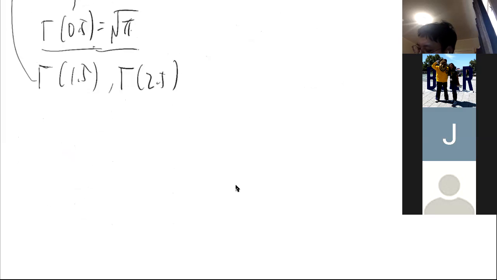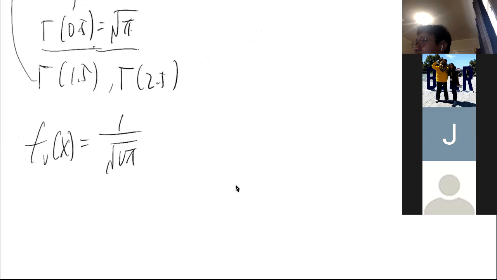So for problem 3, we're looking at the PDF for the T distribution. Don't be threatened by it; it's just a bunch of formulas. Essentially, all you need to do is plug in numbers. This notation is called nu, and it's just the degrees of freedom.